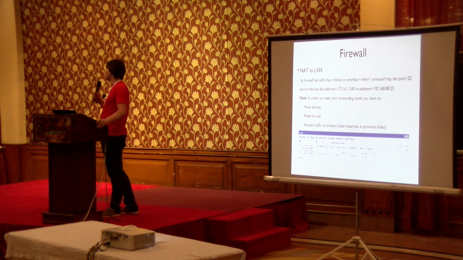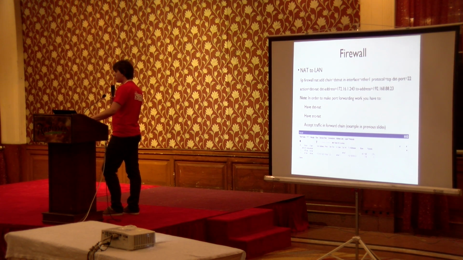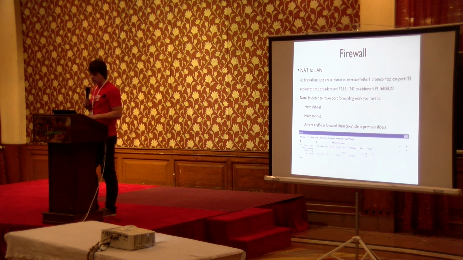That's why we need the source NAT rule, which will change the source address of the server on your local area network to the address that is set on the Ethernet 1 interface.